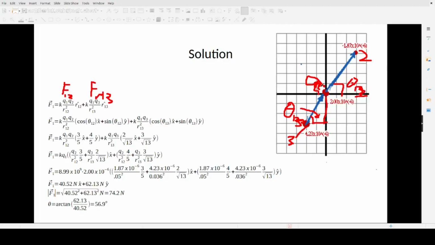And again, this is a 3, 4, 5 right triangle. So 3/5 x hat, 4/5 y hat, and 2 over root 13 x hat, 3 over root 13 y hat.